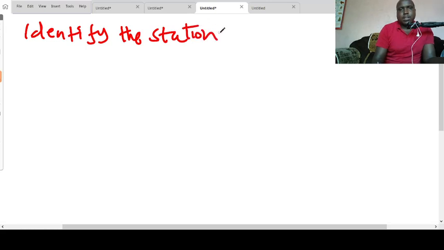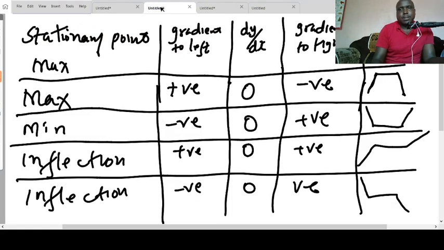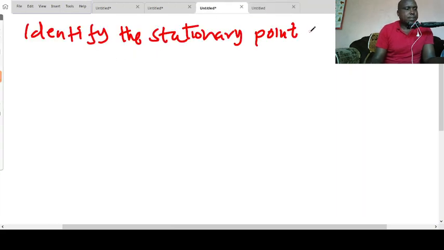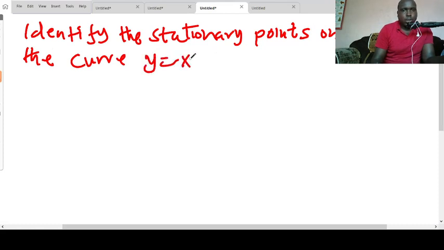Identify the stationary points on the curve y is equal to x cubed minus 3x plus 2.